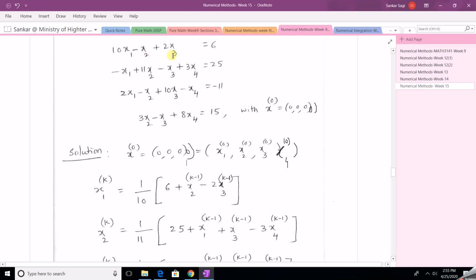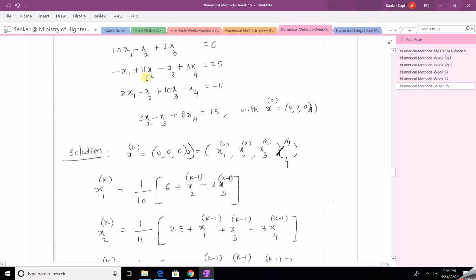I have taken the x2, x3 terms to the right hand side and then divided by 10. That will give you the x1 value. We have to put k here in the brackets, and here k minus 1, k minus 1. That means if we want the kth approximation, we have to use the previous approximations, k minus 1, k minus 1.